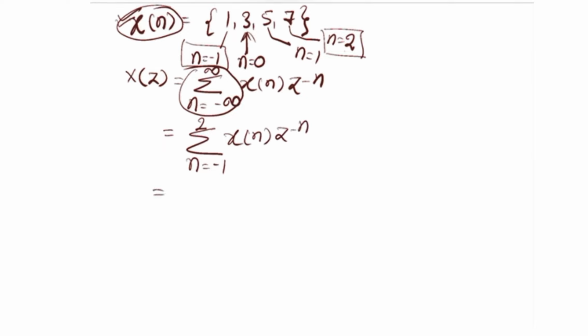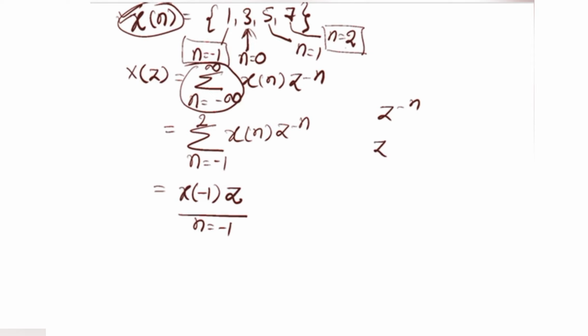Now we will expand this series. For n equals minus 1, we will get x[-1] z to the power minus n. When we put minus 1, this becomes minus minus plus, so this will give us z.